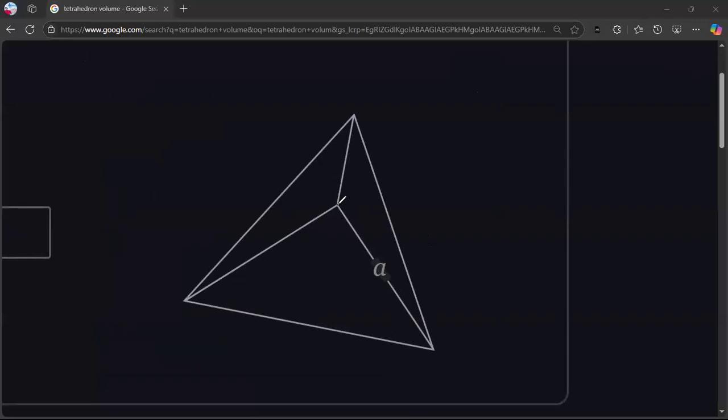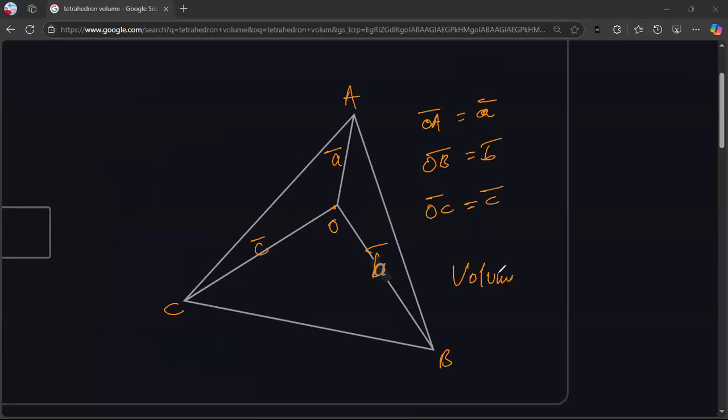See, we consider this as O, this is A, B, and C. So OA vector is A vector, OB vector is B vector, OC vector is C vector. The volume of the tetrahedron will be 1 by 6 into the box product.